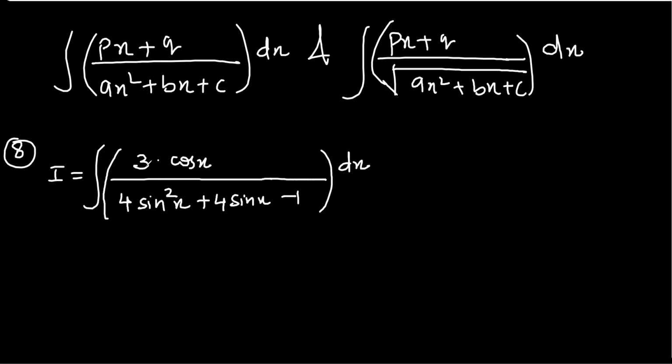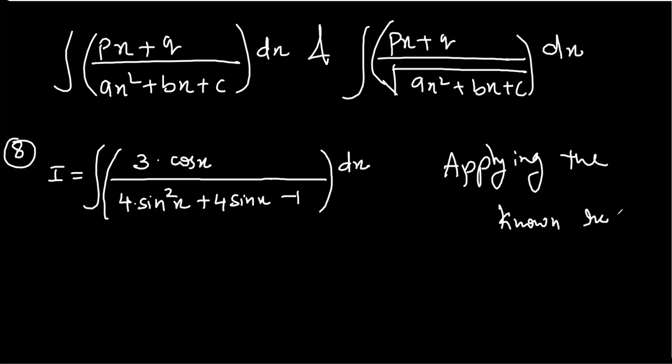So here I have to integrate 3 cos x upon square root of 4 minus sine square x plus 4 sine x minus 1. Okay, so see, what is the first thing that I do here? As you know, students, integration is all about applying the known results, that is the results which you have known.